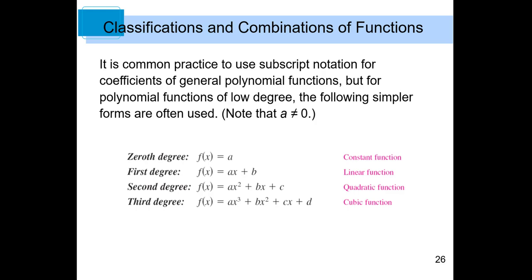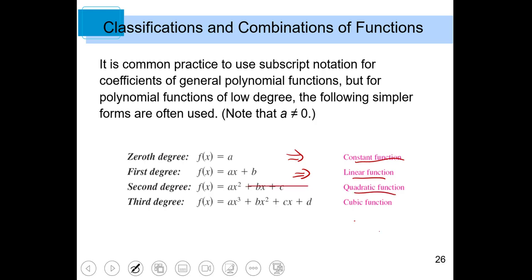We get this called constant function, f of x equals a. First degree, ax plus b, is called linear function. Second degree, ax squared plus bx plus c, is called quadratic function. And the third degree, ax cubed plus bx squared plus cx plus d, is called cubic function.